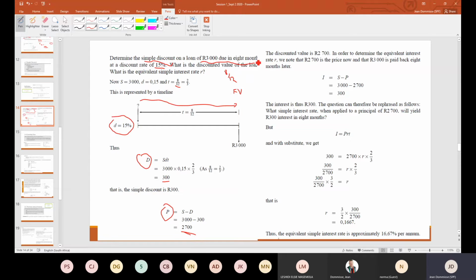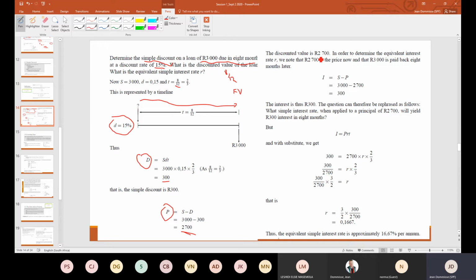So let's look at the next set that is similar to this, but asks it a bit differently. So here they say the discounted value is 2,700. In order to determine the equivalent interest rate, we note that 2,700 is the price now, and that 3,000 will be the price in the future.